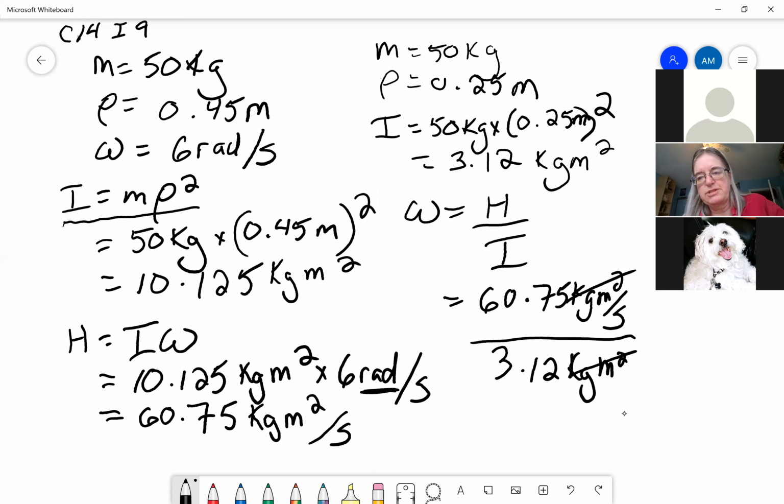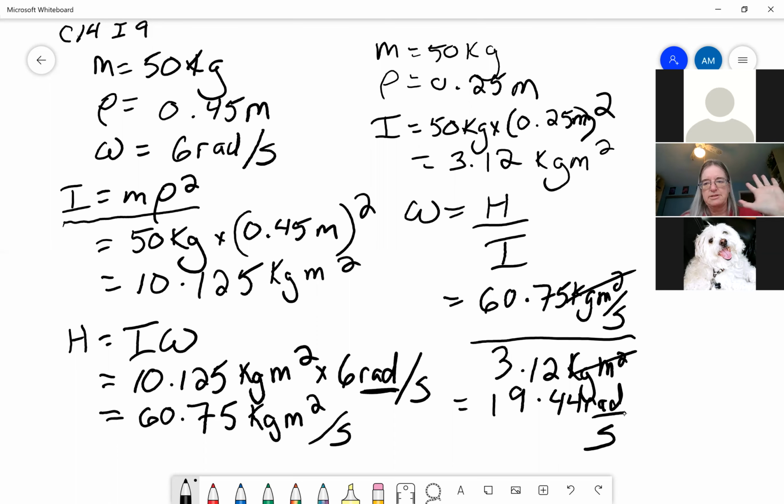You'll be left with per second, and you're going to put that radians back in. So 60.75 divided by 3.12 is 19.44 radians per second. So you get tighter, you go faster.